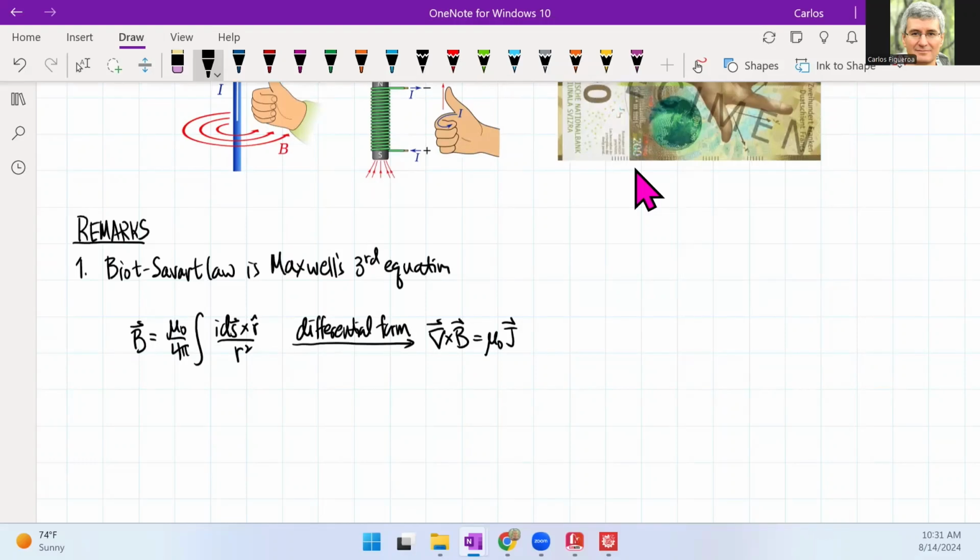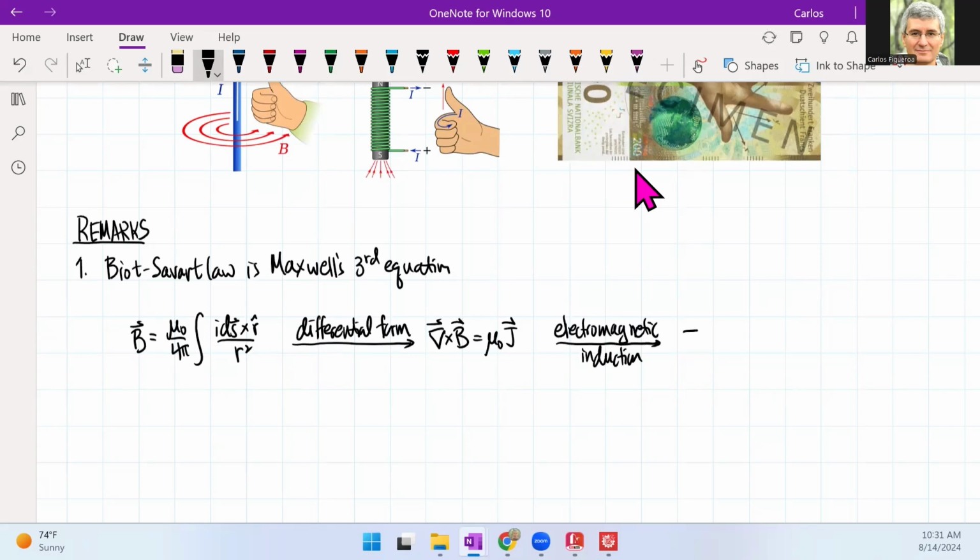But we're not done with this equation. When we add electromagnetic induction, this equation is going to change.